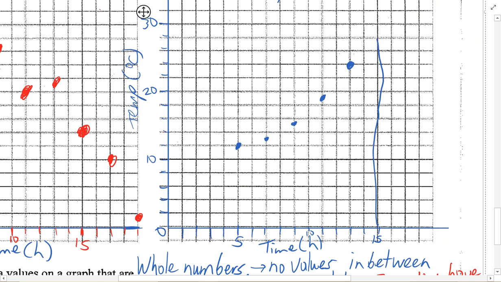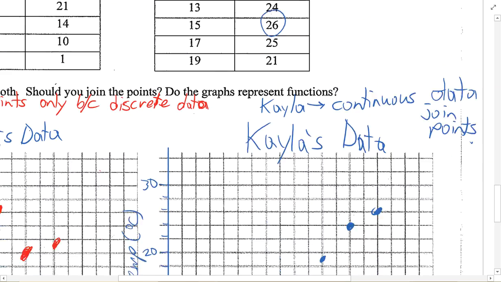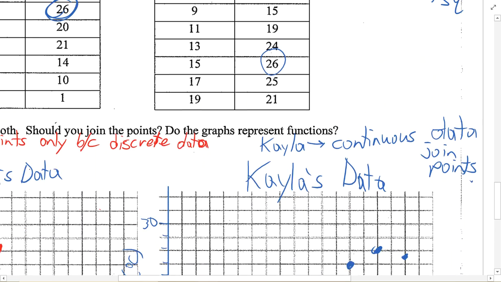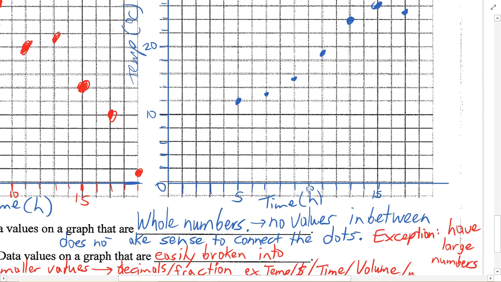Then this is 30. So I go back to there's 26. And 17 is 25. So 25 will be right in between. And 19 is 21. So we go up to this line right there.